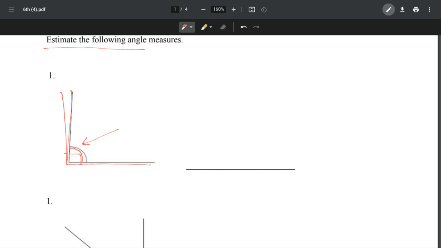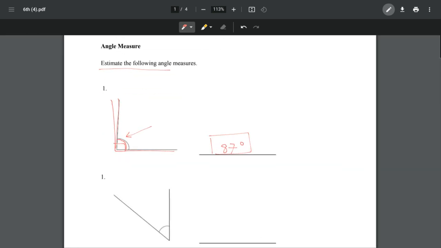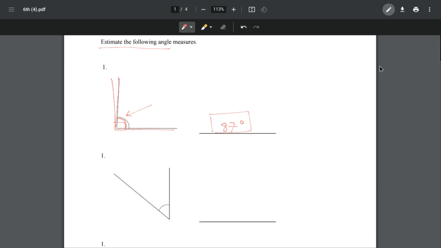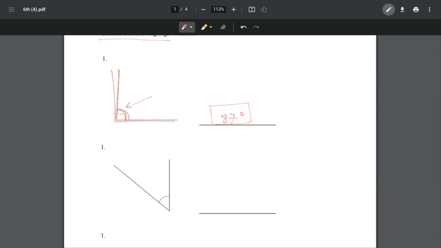So we could go ahead and estimate that it must be somewhere around 87 degrees. Okay? So it could be 86 or 85, but I'm going to just put 87.